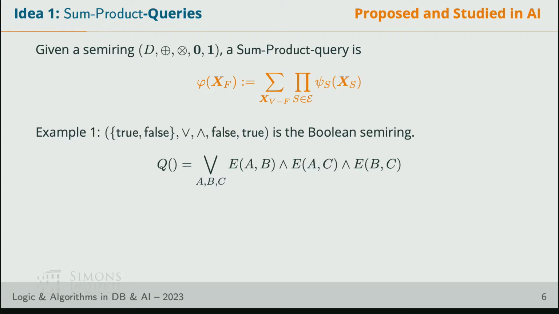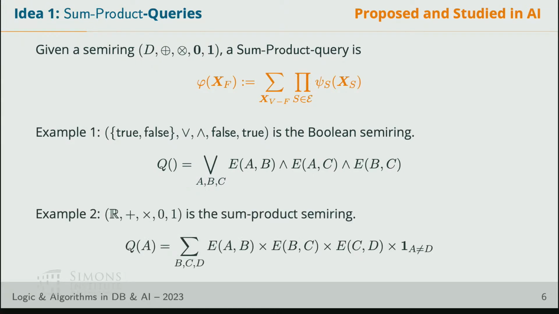So this is one example. With the Boolean semiring, you can express the problem of detecting a triangle this way. The sum becomes OR, and the product becomes an AND. But this is nothing but exactly a special case of this query.